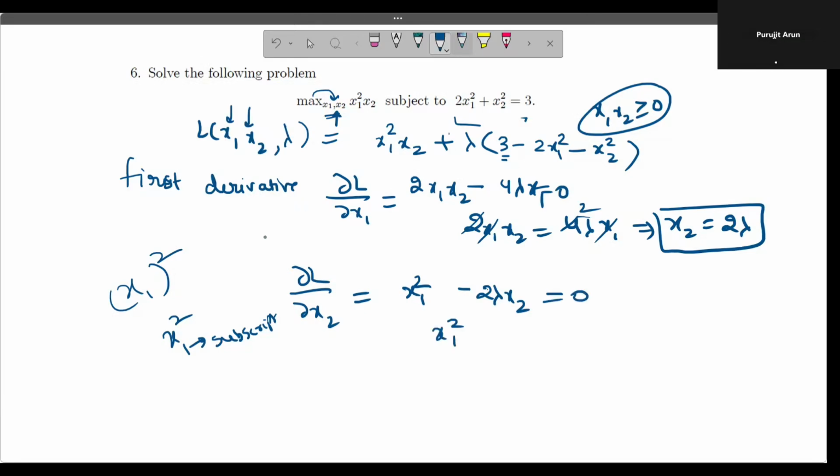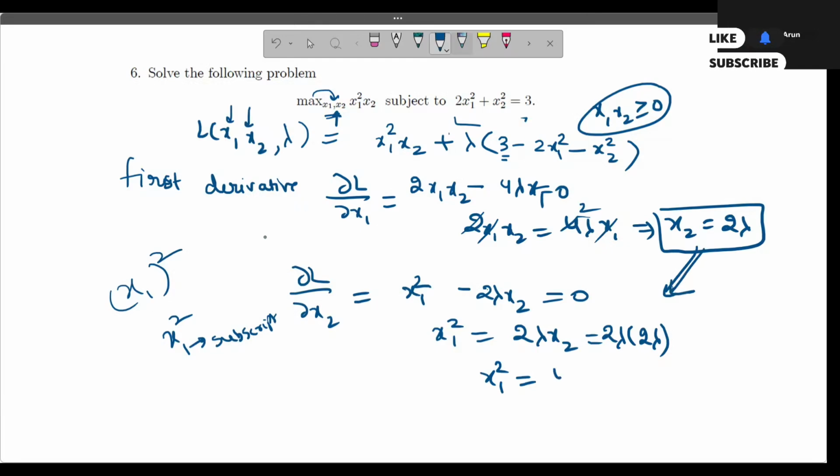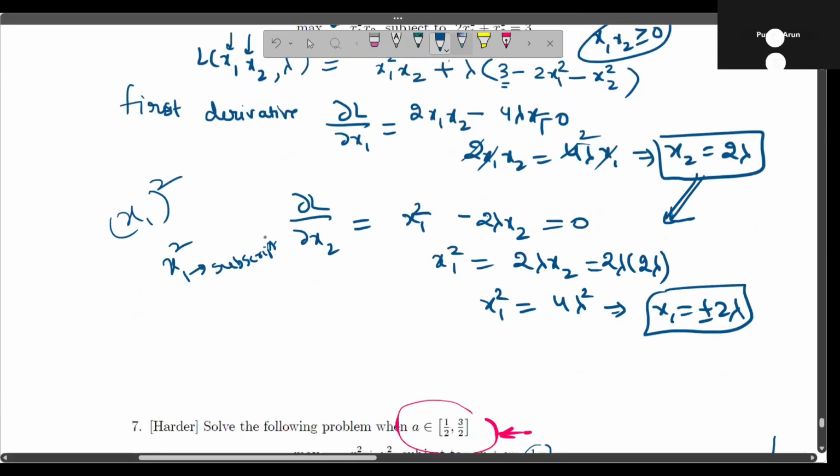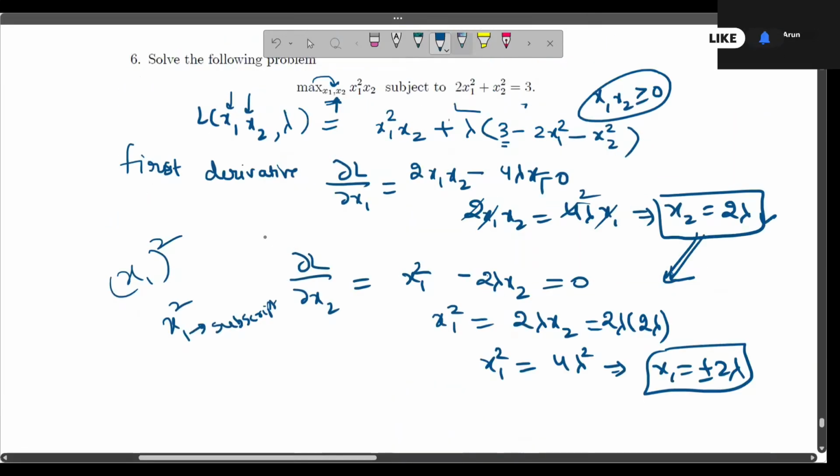So x1 square equals 2 lambda x2. What is x1 from here? x1 equals the root of 2 lambda x2. I can substitute x2 equals 2 lambda, so x1 equals plus or minus 2 lambda. Because x2 is also 2 lambda, from this and that, x1 is equal to plus or minus x2.